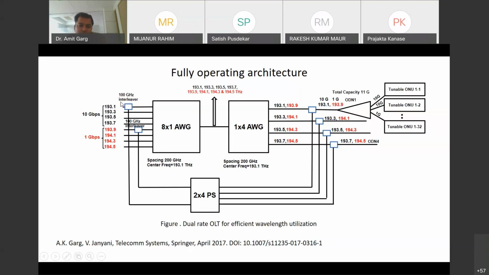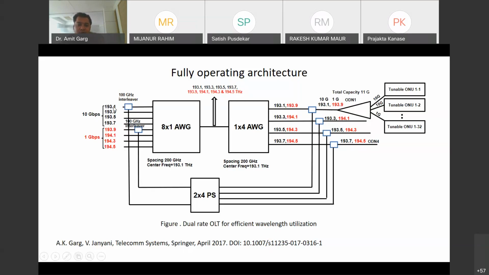Or what we can do, suppose we have here one interleaver, that is a 100 gigahertz interleaver. Okay, so what is the purpose of this interleaver? Let me just tell you, to divert this wavelength either in this way or in this way. Okay, so if the wavelength is an odd multiple of 100 gigahertz, then that wavelength will come towards this side.